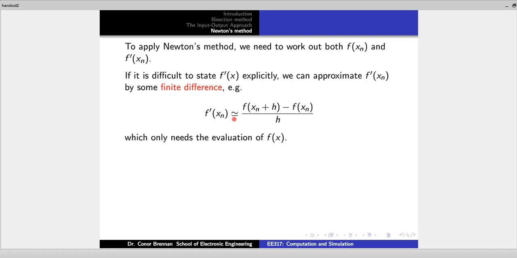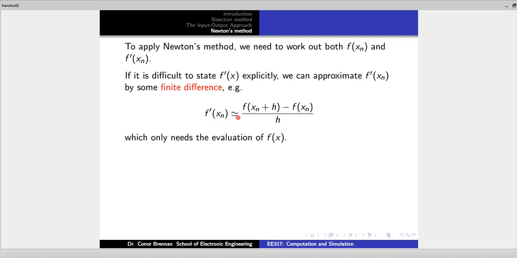But for the time being, we know that the derivative of f is equal to the limit as h goes to 0 of an expression like this. That's the actual exact derivative. If we can't do that exactly, we can just stick into this expression a very small value of h. It's not a limit as h goes to 0, but if h is very small, this will be an approximation to the limit.